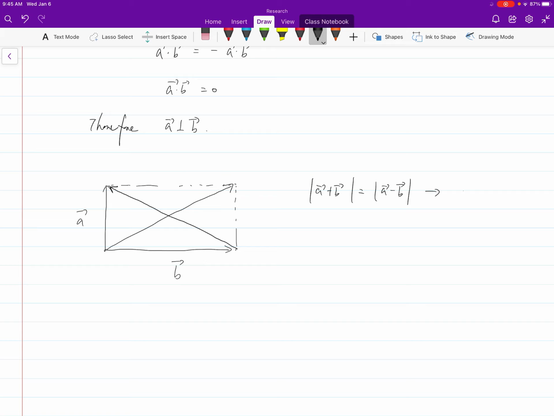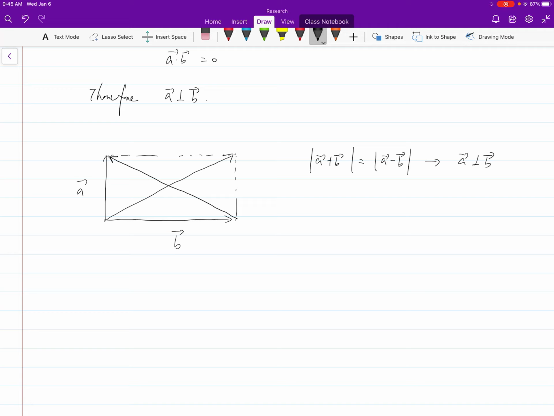This implies A perpendicular to B, simply saying a parallelogram with equal diagonals is a rectangle.